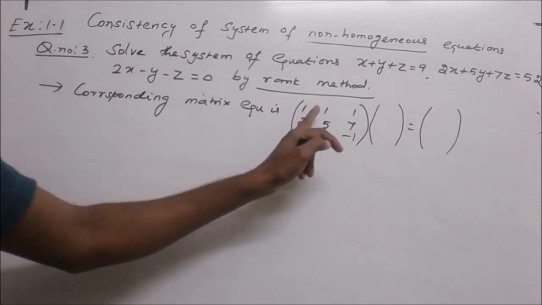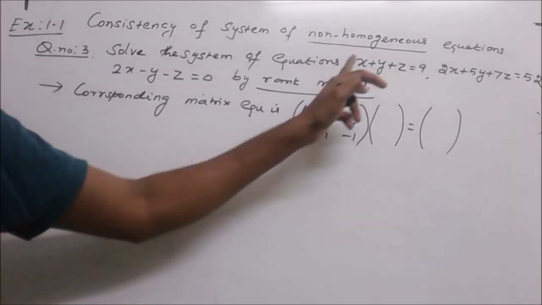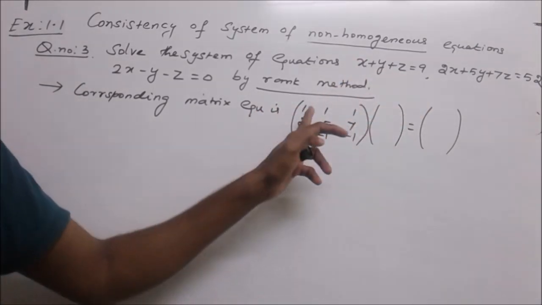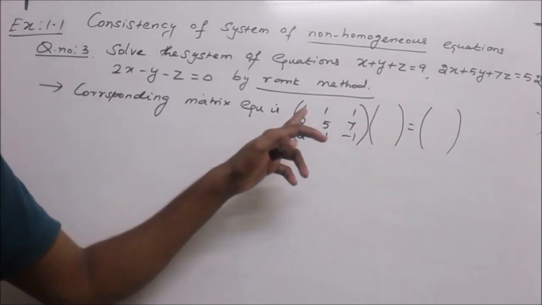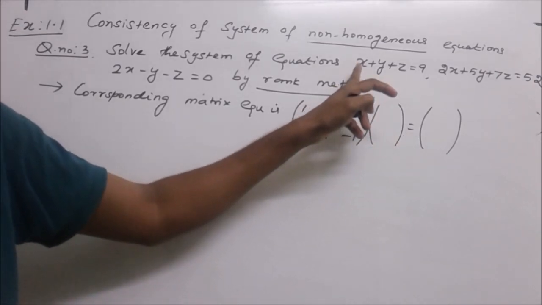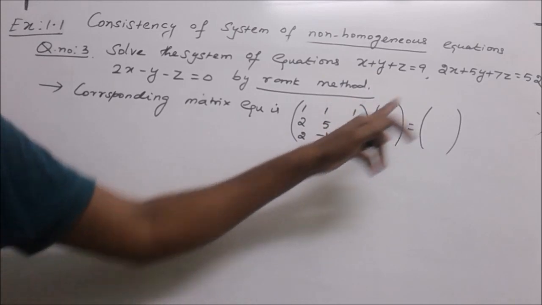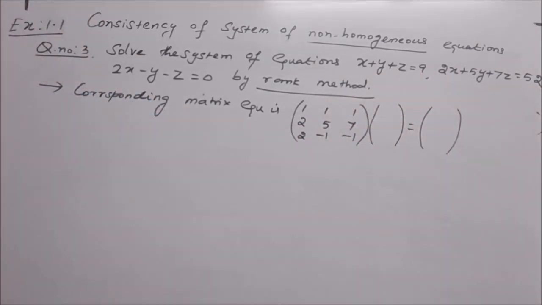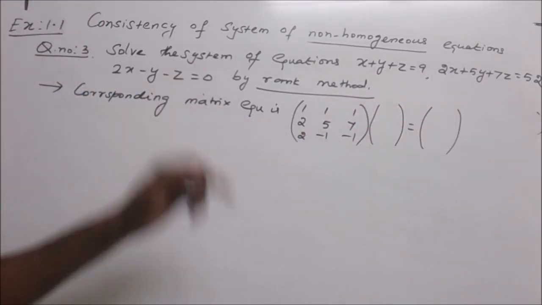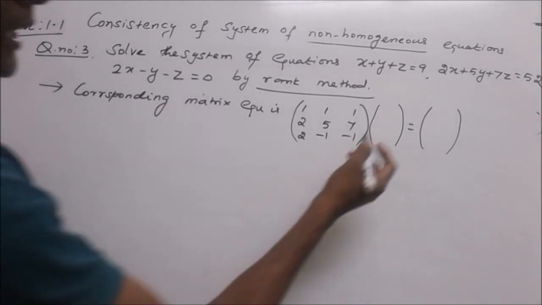The coefficients of x, y, z from the first equation, 1 1 1, are written in the first row, 2 5 7 in the second row, 2 minus 1 minus 1 in the third row. Then the variable matrix.